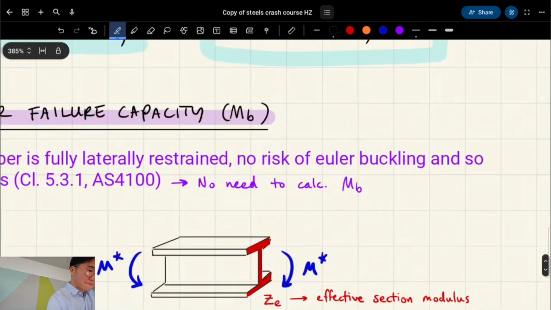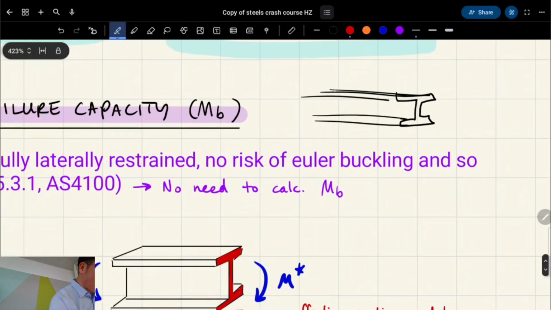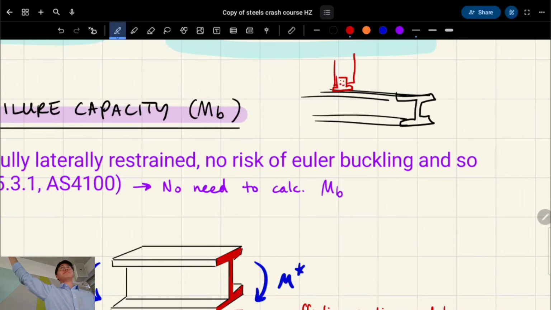So I'll give you an example. If you have your like I-beam, and then at certain points you have a fin plate or whatever, and it's attached to another member essentially.